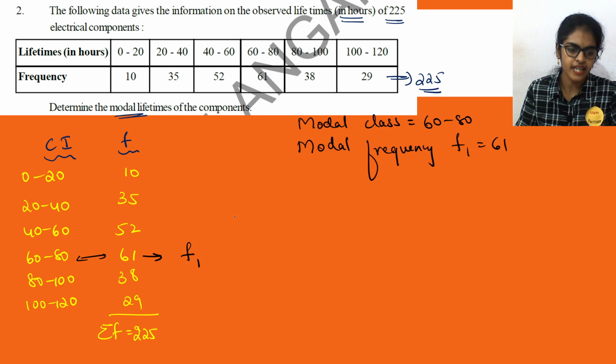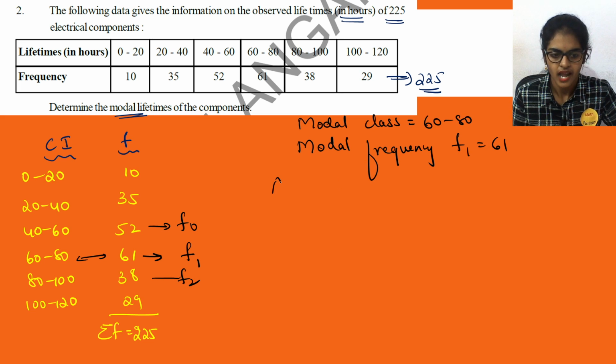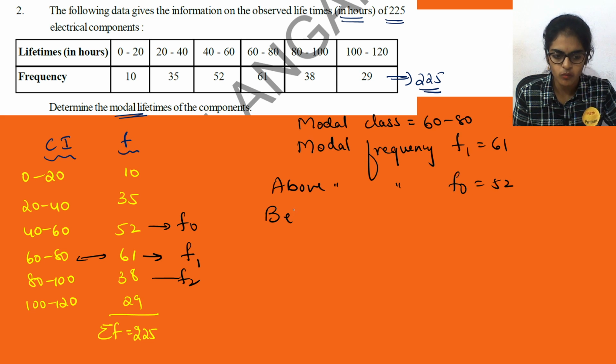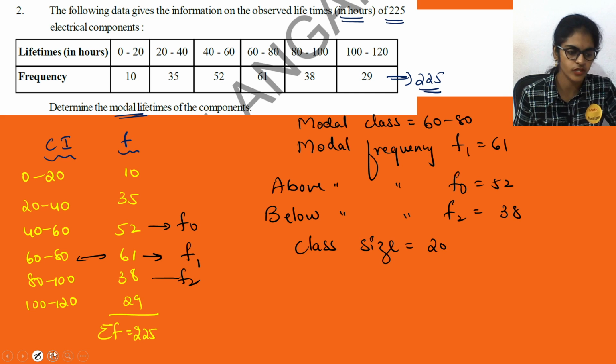Clear? And now one above, one below. Above f0, below f2. So the frequency above the modal class, f0, is 52. The frequency below the modal class, f2, is 38. And class length or class size is 20, 20 minus 0 is 20.